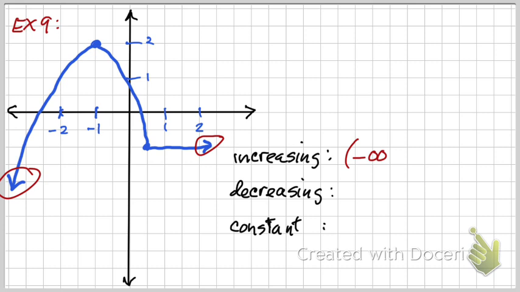So, as x is moving from negative infinity up to negative 1, it looks like the y's are increasing. Decreasing. Well, as x goes from negative 1 to positive a half, the function, that is the y's, are decreasing.